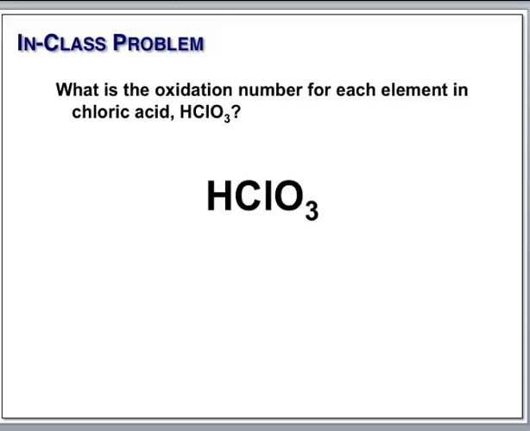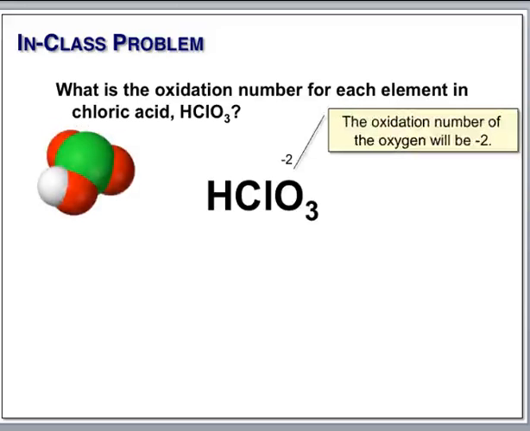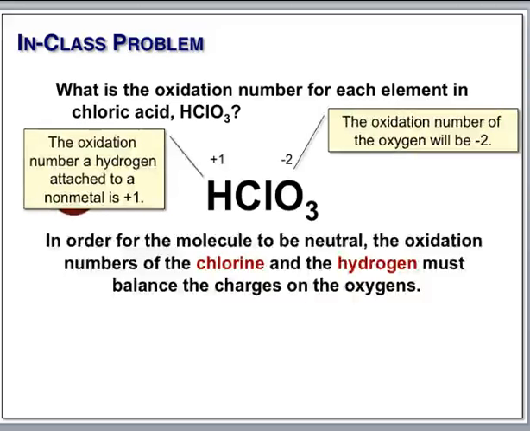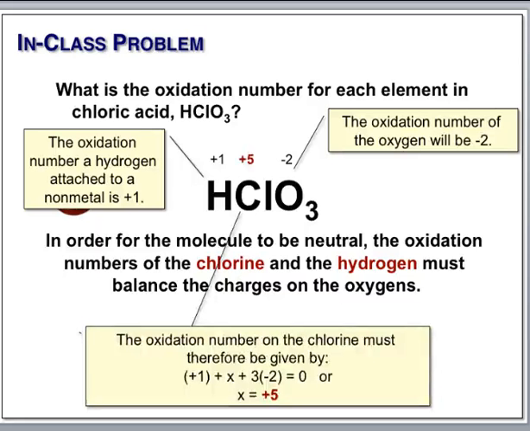What are your oxygens going to be? -2. A hydrogen is bonded to an oxygen. What's it going to be? +1. That means we have how many negatives? And how many positives? So chlorine must be +5.